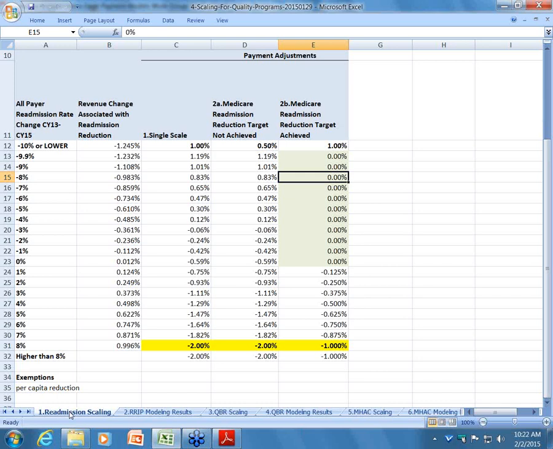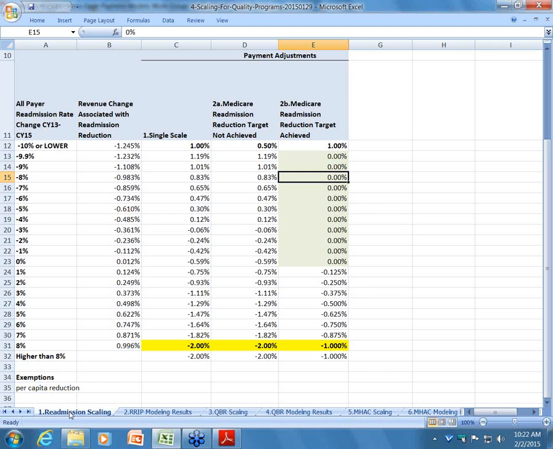So if we were to put a 10% reduction rate cumulatively for calendar year 15, I also calculated a sense of what the rewards or penalties are. Here it says required reduction as a percent of inpatient revenue, 1.2%.